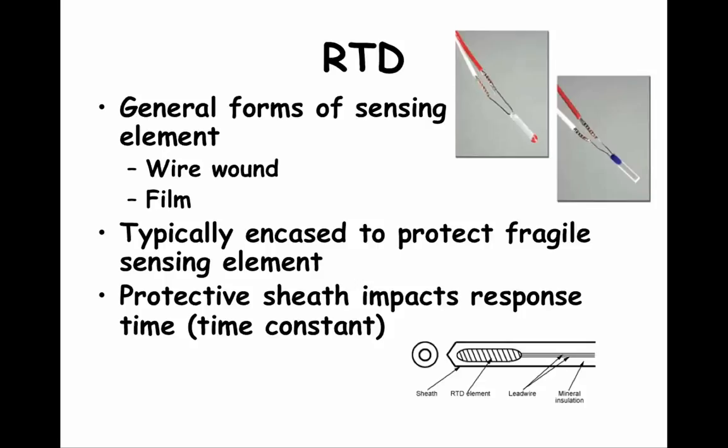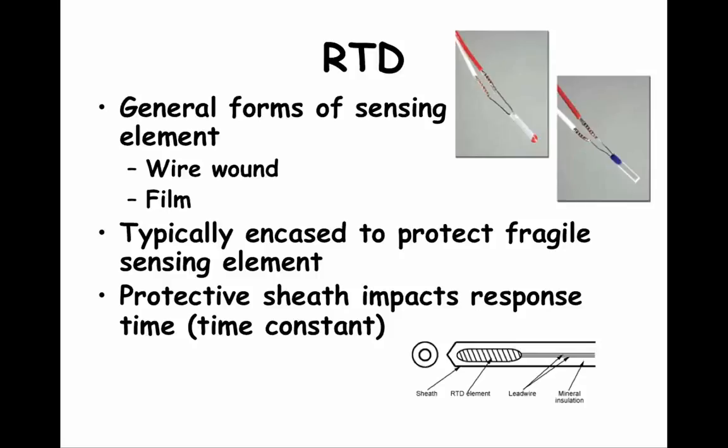Resistance temperature detectors are based on the concept that the resistance of a sensing element will change as temperature changes. The metal sensing element can be either a film or a wire wound around an insulator. The wires and films are thin, so they are very fragile, and they normally are encased in a protective sheath.